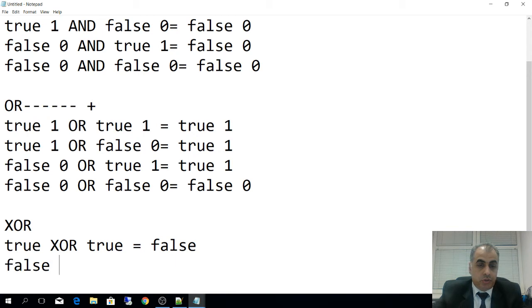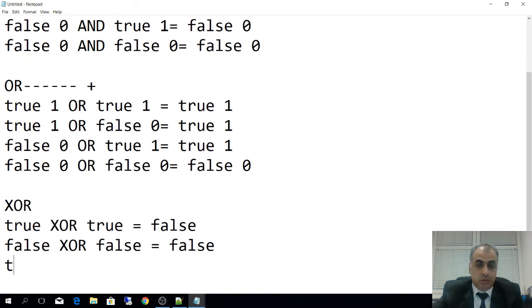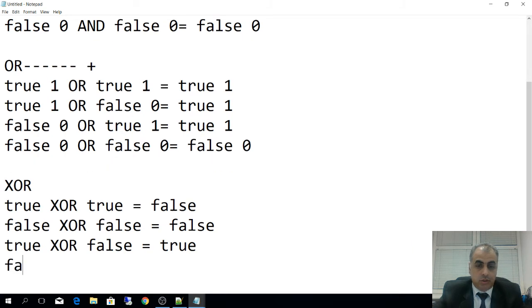If false XOR false, result is false. True XOR false, result is true. False XOR true, result is true.